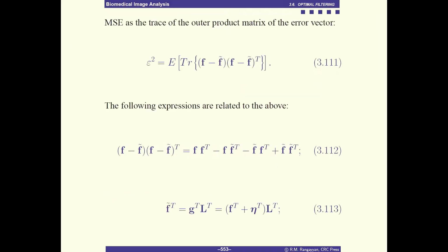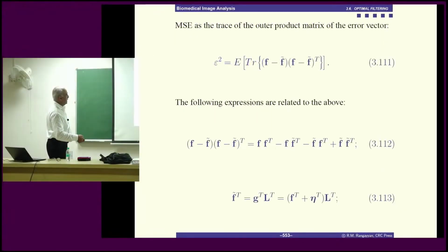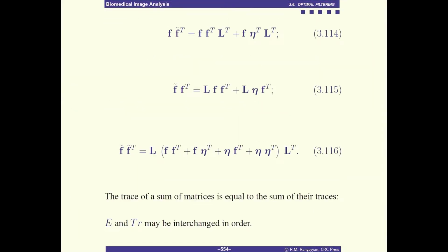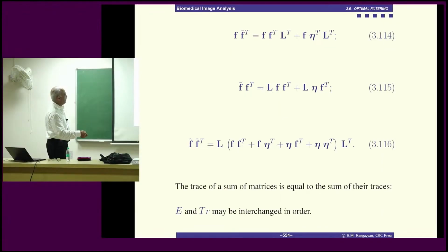So take each of these and put G's F plus eta there. And expand these, there is no G here, and take this. And you get finally this expression. Not finally, this F tilde transpose is this expression.